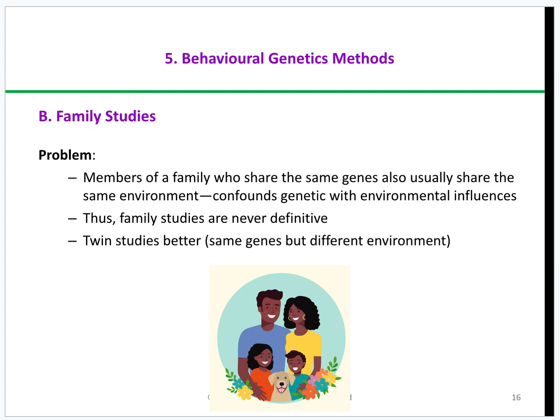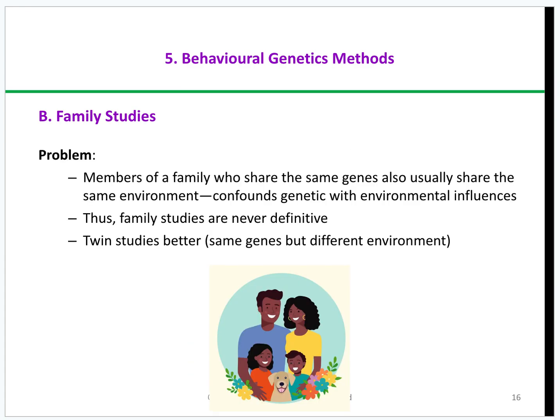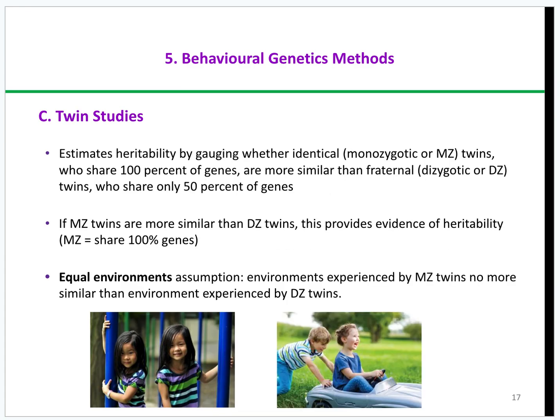Okay, problem with family studies: if they're just looking at families, they also share the same environment, which confounds genetics with the environment. That's why twin studies are better. Family studies aren't where a lot of research is done; it's mostly twin studies. Within twin studies, you've got monozygotic and dizygotic twins.